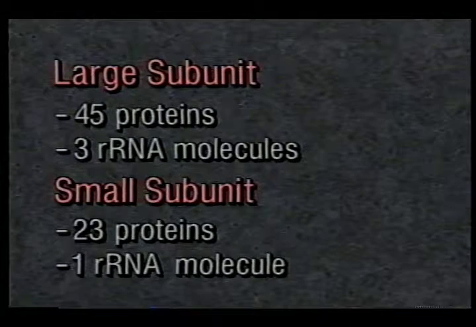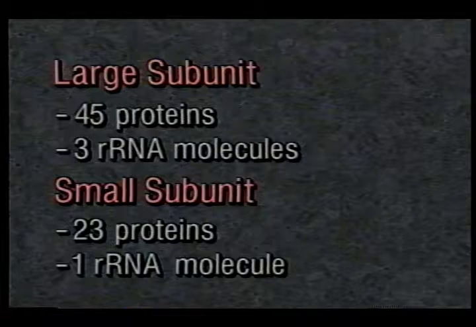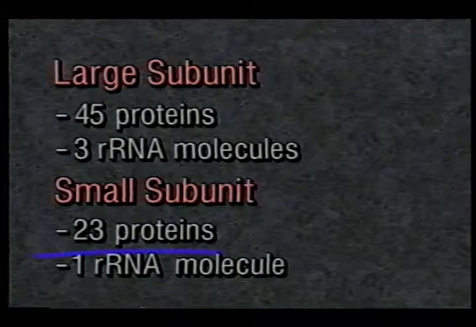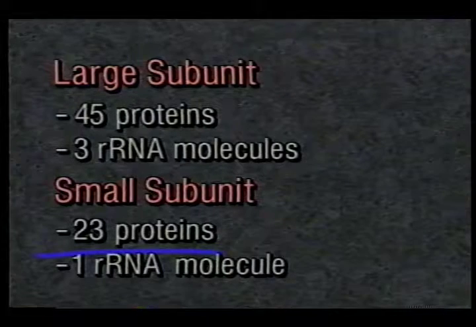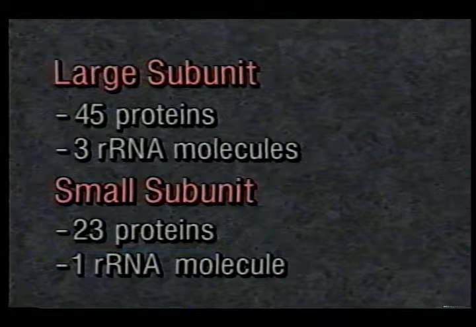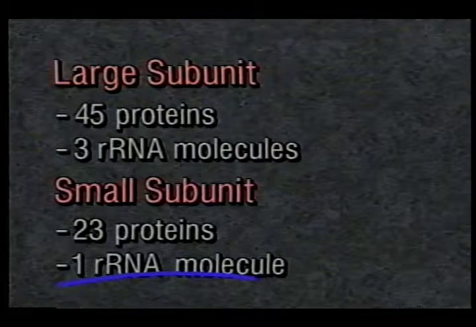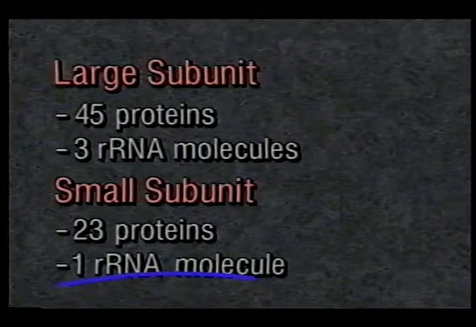The small subunit, not surprisingly, is smaller. It has only about half the protein number, only about 23 proteins, and only 1 ribosomal RNA molecule.